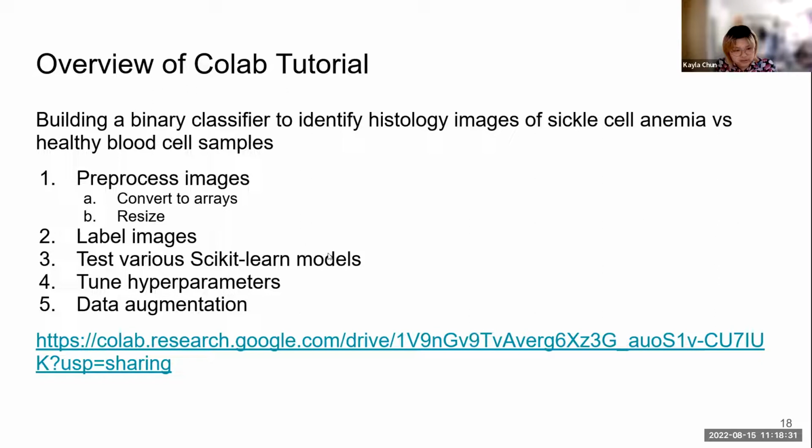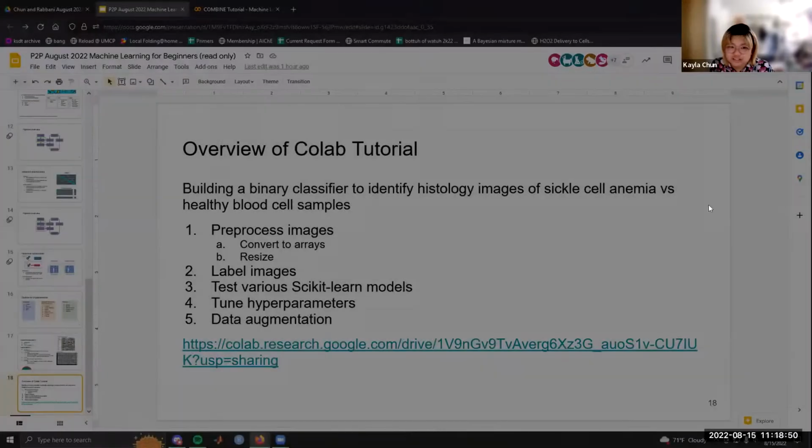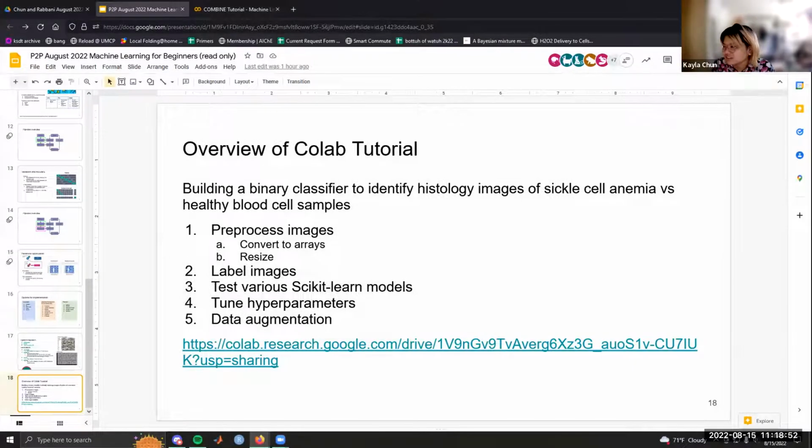Then we label, and then we show you how to test various scikit-learn models and tune them. And lastly, a little bit on data augmentation. So if y'all want to click the link on your screen, I will shift over. Tahseen will share his screen now. Great, thanks.